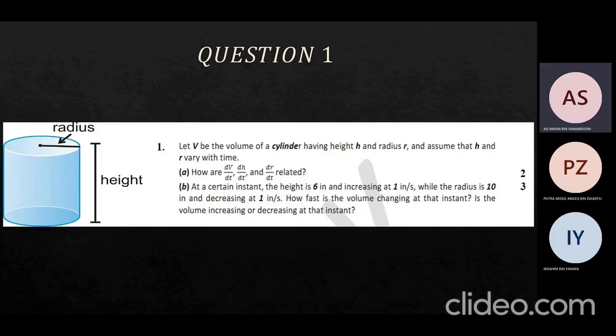Question B asks, at a certain instant, the height is 6 in and increasing at 1 in per second, while the radius is 10 in and decreasing at -1 in per second. How fast is the volume changing at that instant? Is the volume increasing or decreasing at that instant? Let's start with the solution to number A.